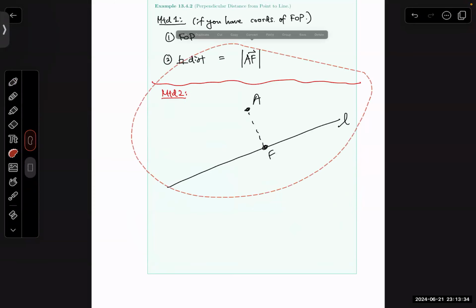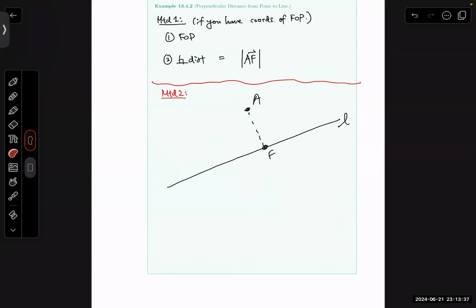Let's say I want to find the perpendicular distance without finding the foot of perpendicular. What I do is I just find a point on the line. So first step is to find a point on the line. Okay, any point.